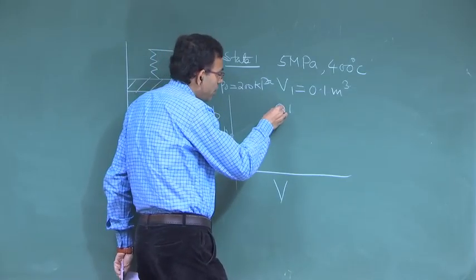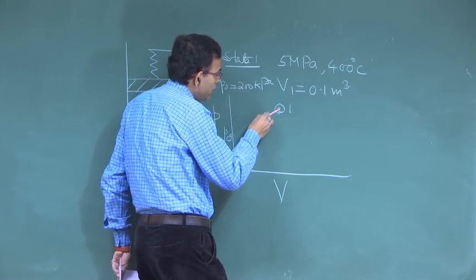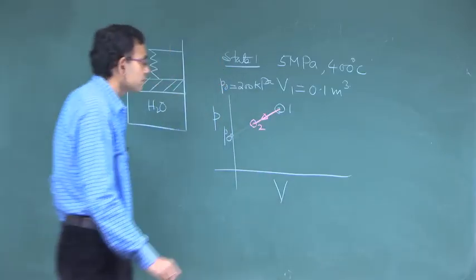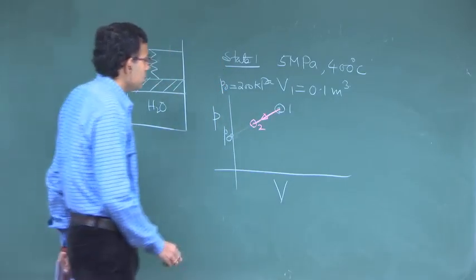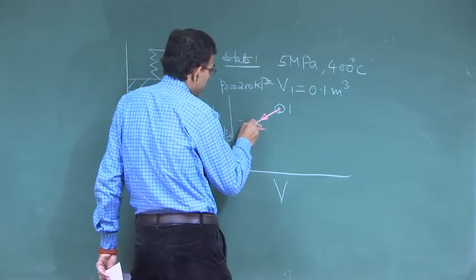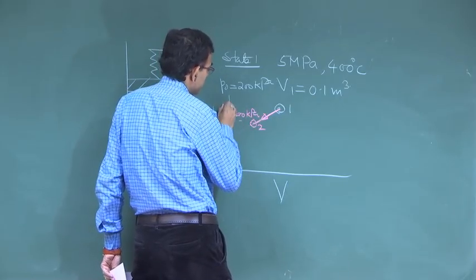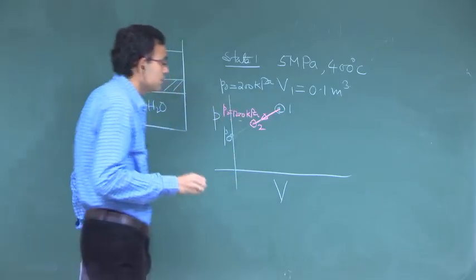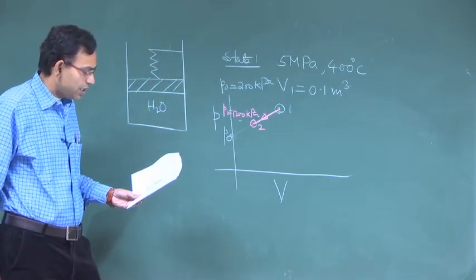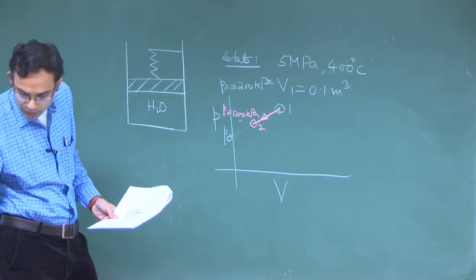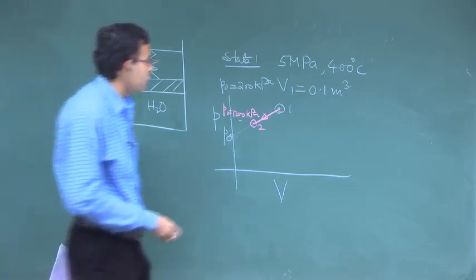So, the process will occur after cooling from 1 to this point 2, and this P2 is 1200 kilopascal. So, the question is, what is V2? So, how do you calculate this?